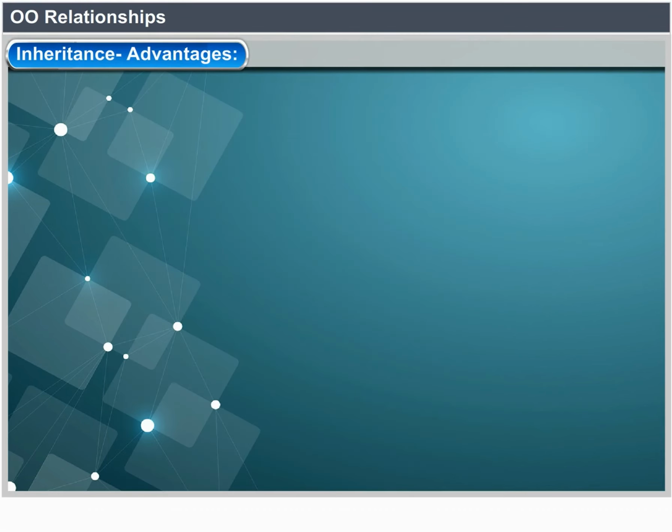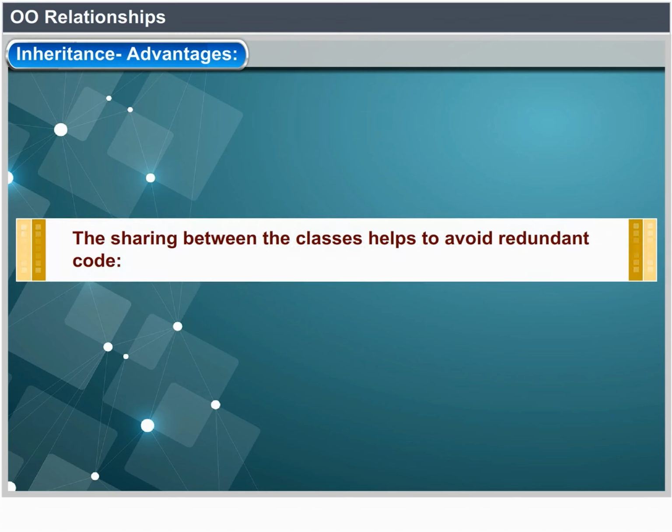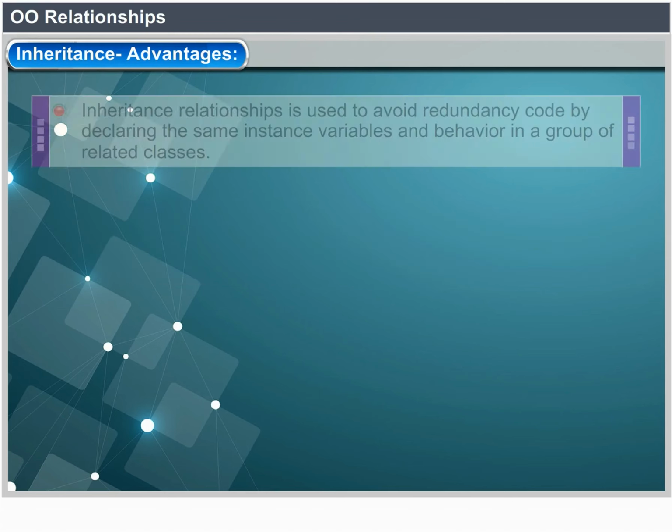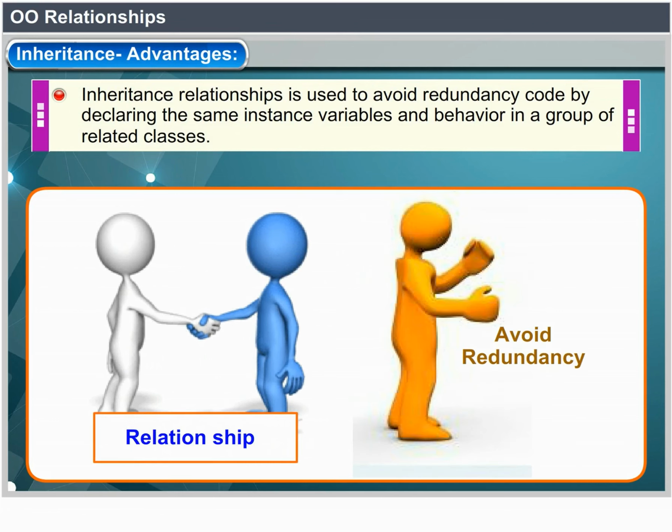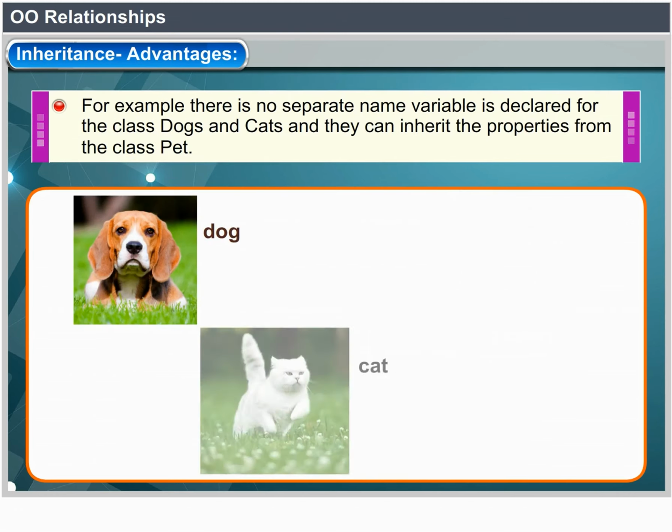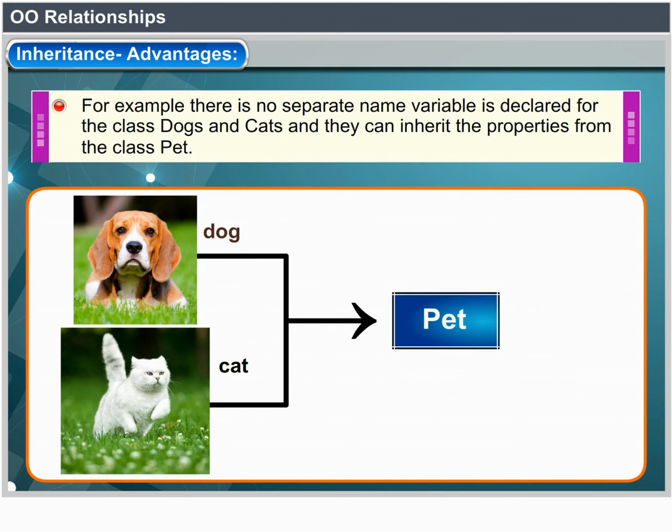Inheritance advantages. Avoid redundant code by sharing it between classes. Inheritance relationships let us avoid the redundancy of declaring the same instance variables and behavior in a group of classes. For instance, dogs and cats do not both need a name variable, they can inherit it from pet.